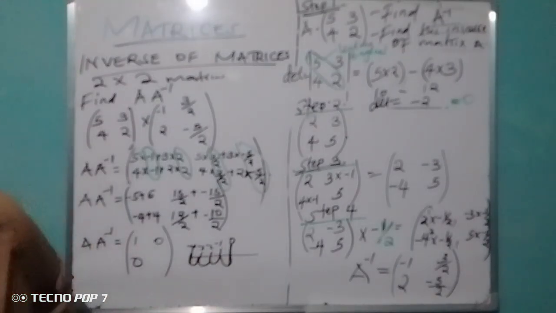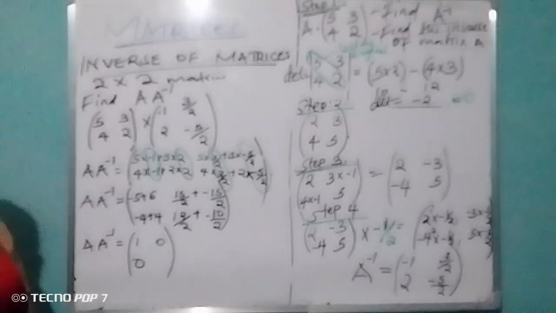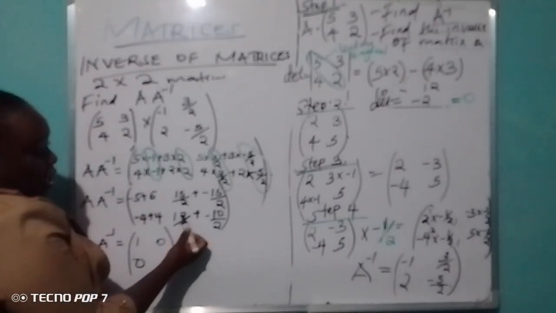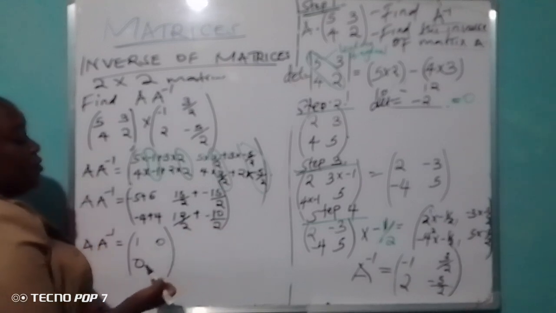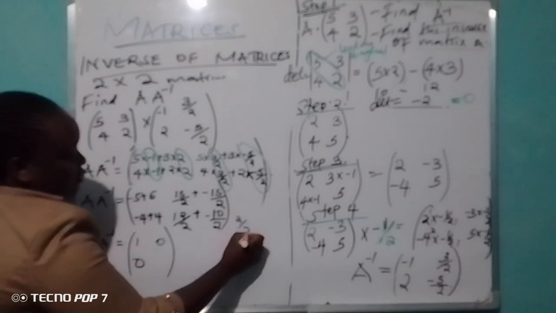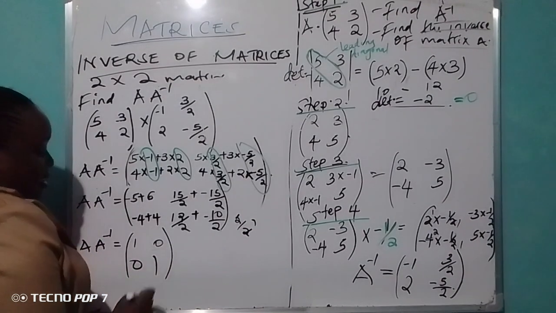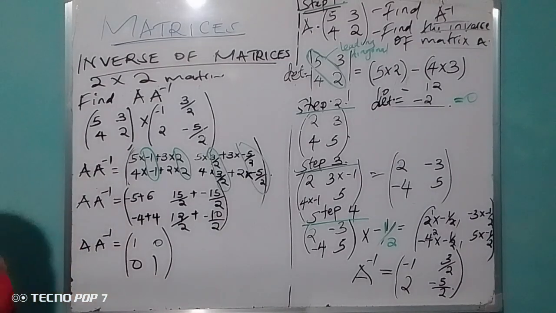Hizi very important. So I hope unazikumbuka pia. So 12 plus negative 10. So it's 2 over 2, which is 1. Okay. So you get 1.